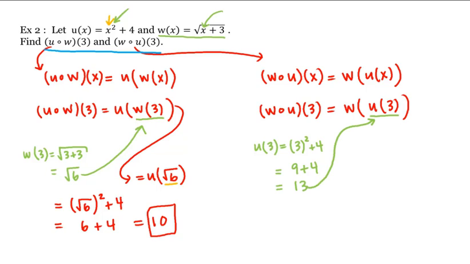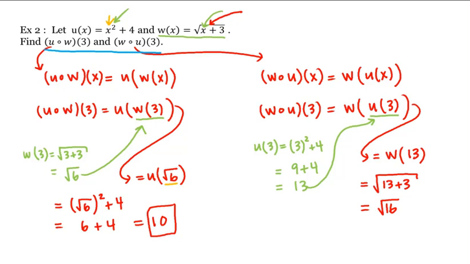So we're going to plug that in here. And therefore, this is equal to w evaluated at 13. And to evaluate w at 13 means looking back up here, we have to plug in 13 wherever we see an x. That is, this is equal to the square root of 13 plus 3, which is equal to the square root of 16, which is 4. So this is the second value we were looking for.